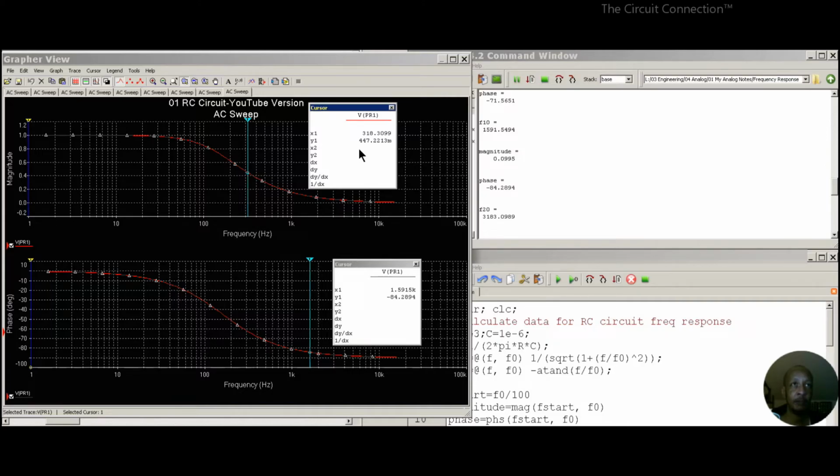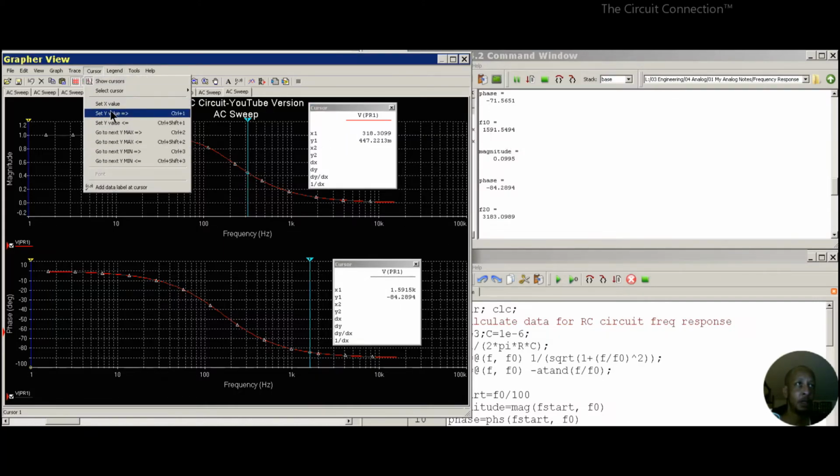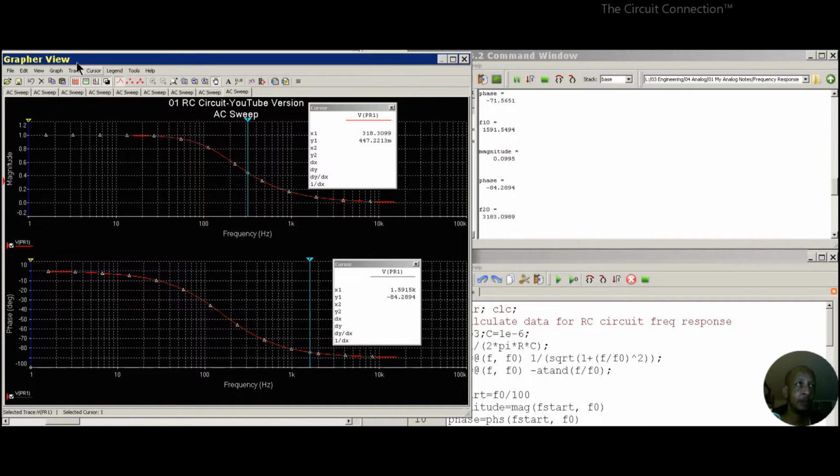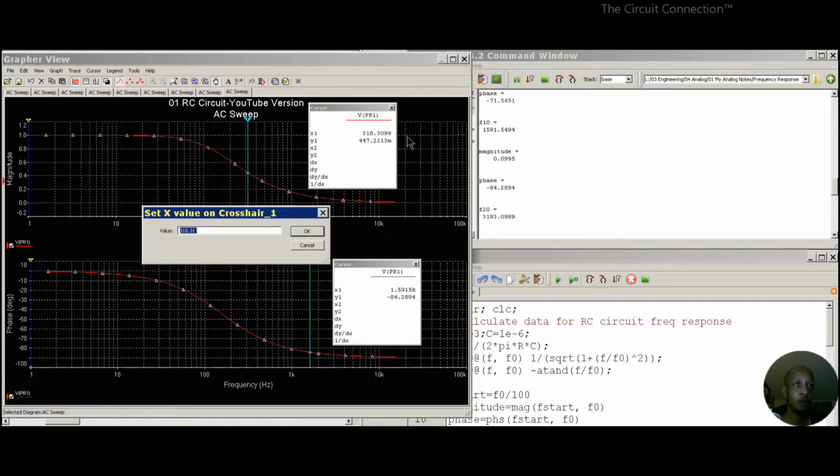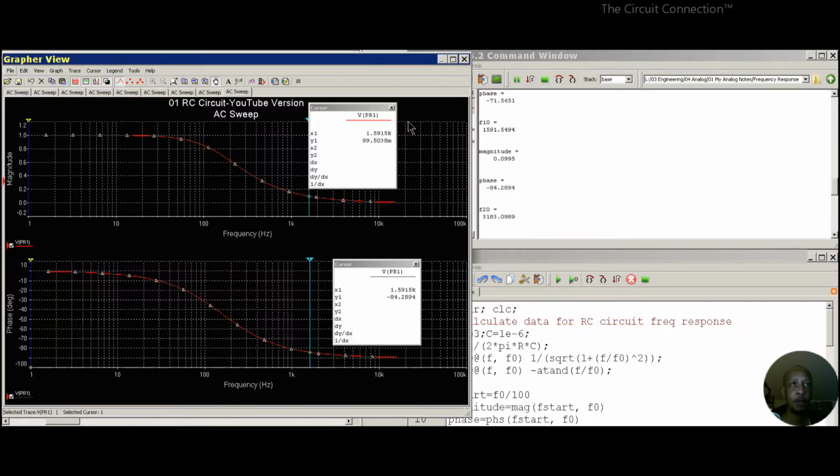So we're at F10, and F10 is at 1591, right? So let's do that here for our magnitude graph. We're going to set the X value to 1591.5494. Probably should have copied and pasted that.